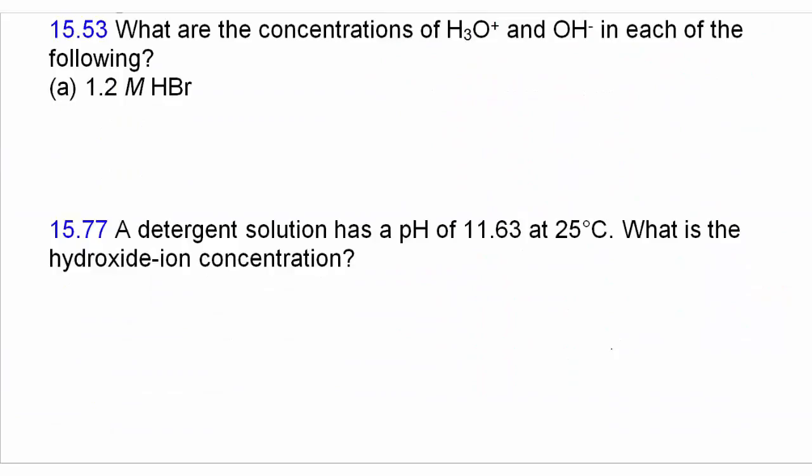What are the concentrations of hydronium ion? Remember, don't let that confuse you. It's the same as H+. And hydroxide in each of the following. 1.2 molar HBr. Well, that means that the hydronium ion concentration is 1.2 molar.